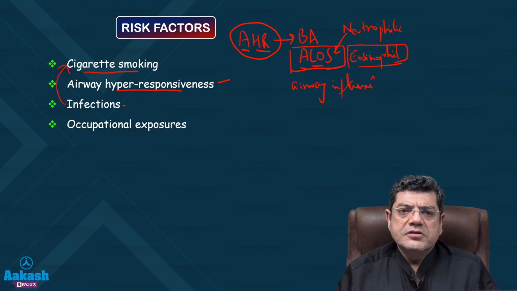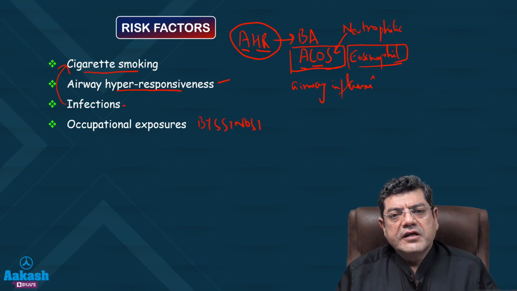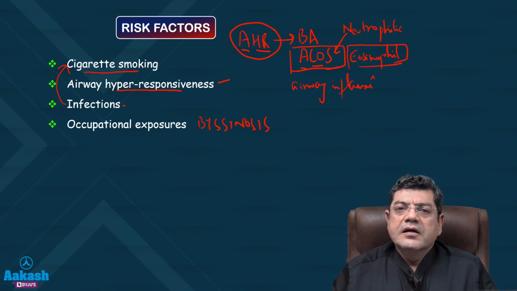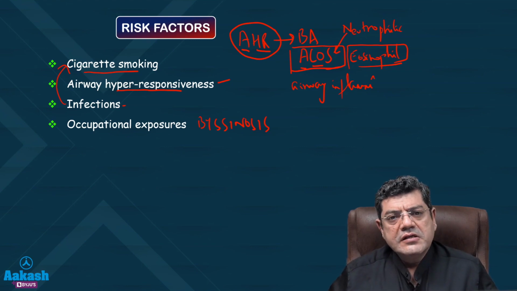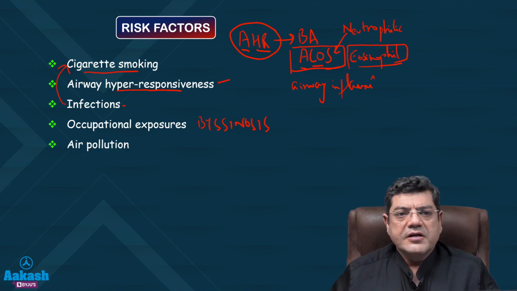Occupational exposures can cause COPD, like bagassosis. Sugarcane dust exposure can cause bagassosis and can cause obstructive airways disease.